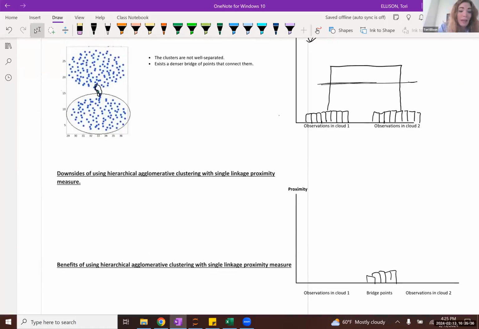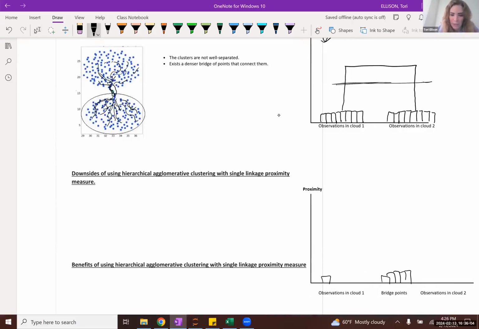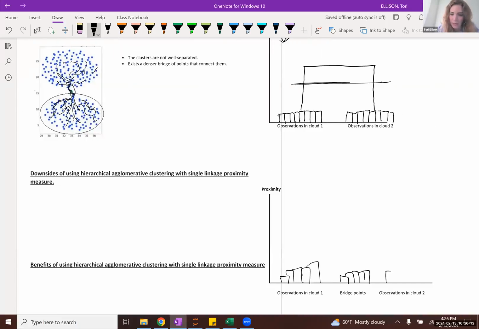And then we've already merged sets of observations here with sets of observations here. So as the algorithm progresses, we're going to expand the bridge to basically suck up observations on both sides. The bullet point is, maybe some observations will link up early on with each other within the cluster like this, and then the same thing might happen here like this.